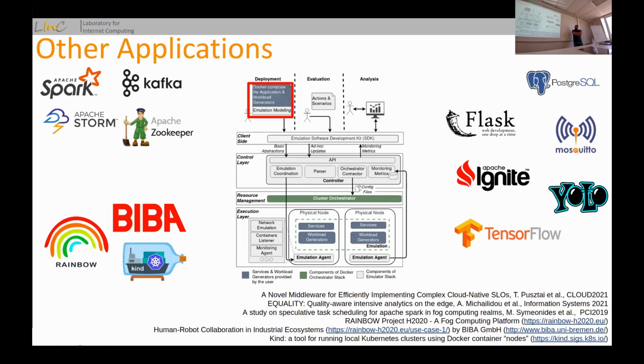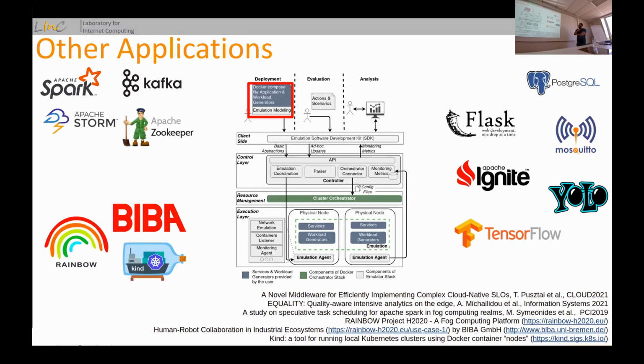Fogify was created in the Rainbow Horizon 2020 project. We are not the only lab that utilizes Fogify for testing.